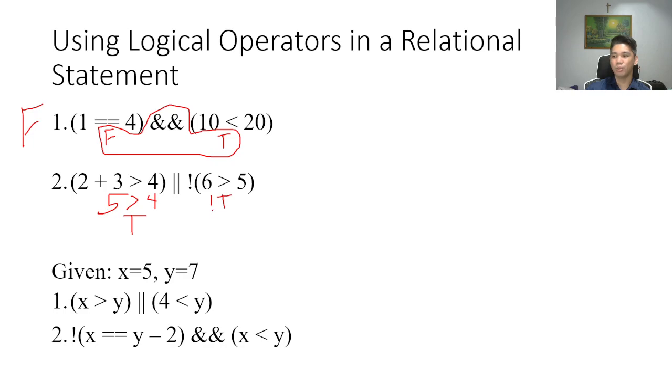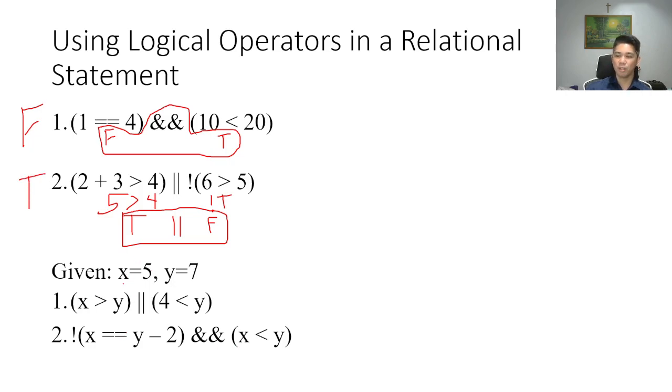And not true is equivalent to false. So we will now evaluate true or false. The answer is, remember, OR operation, at least one that is true, everything true. True or false is true.